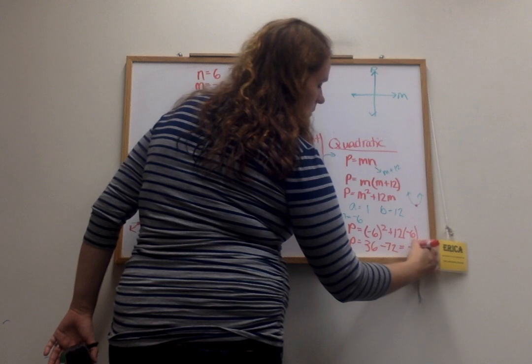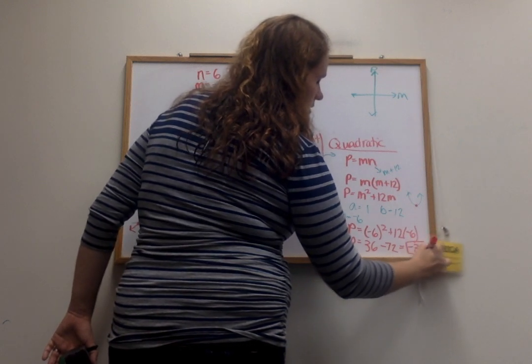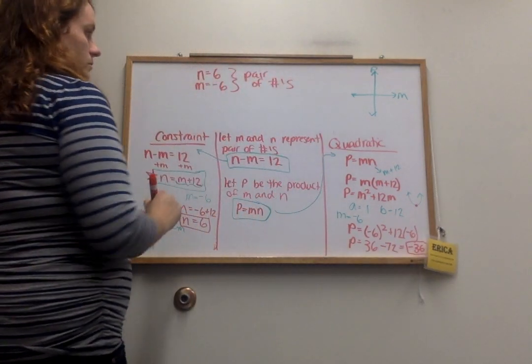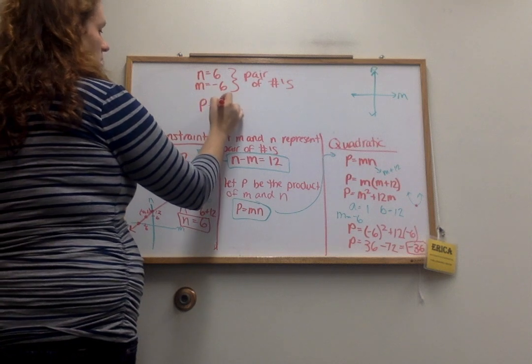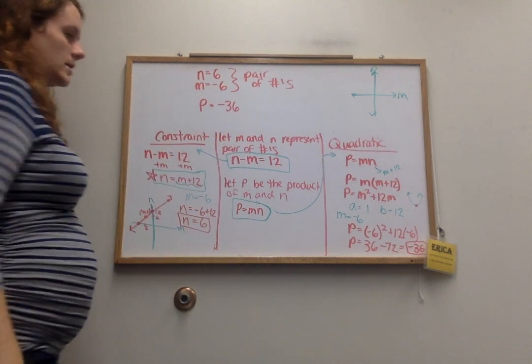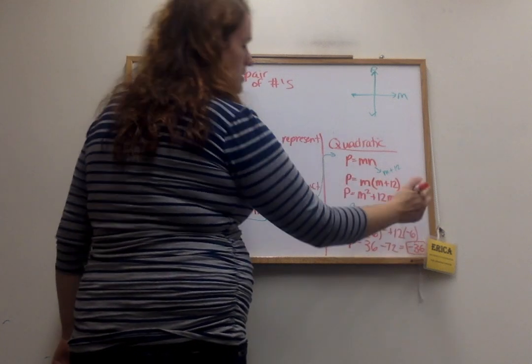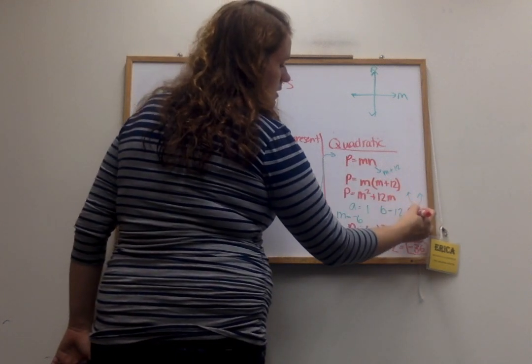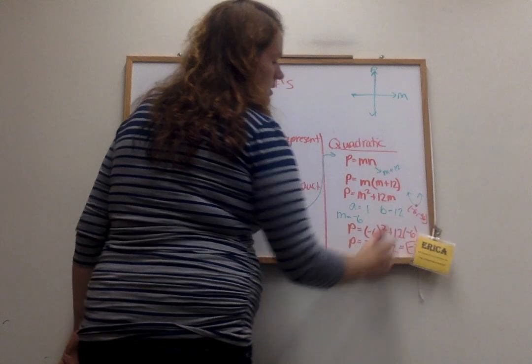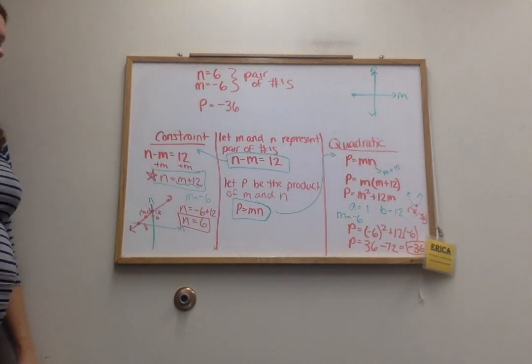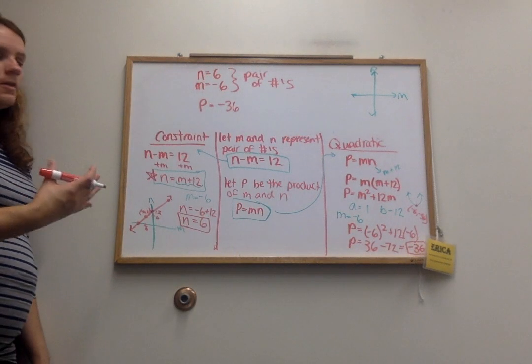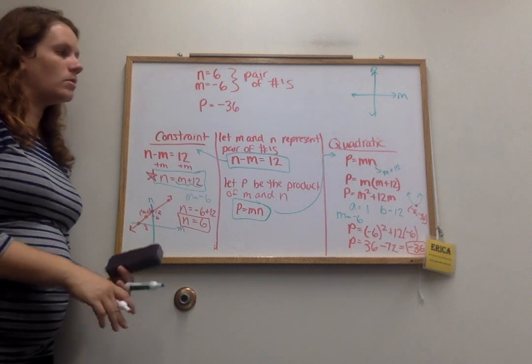And that leaves us with P is negative 36. Okay, so my product is negative 36. And that's the point on this graph. Okay, this is the point negative 6, negative 36 as the lowest possible point, the vertex, the minimum value on that quadratic.